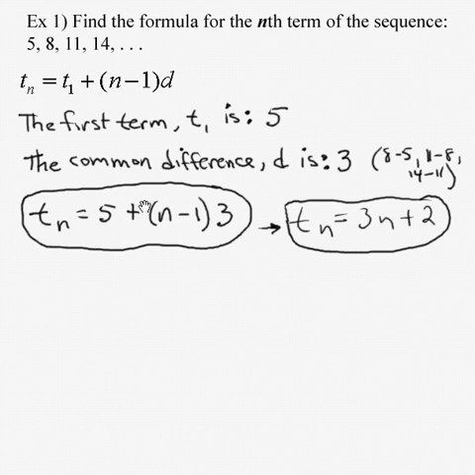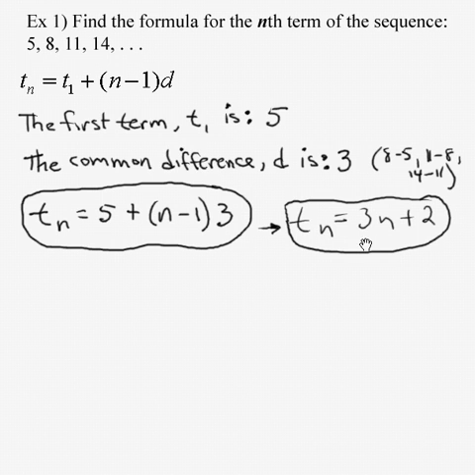And in this case, we're looking for the nth term. So n, the variable n, stays n. All we can do here is distribute out. We get 3n minus 3 plus 5. And 5 minus 3 is 2.